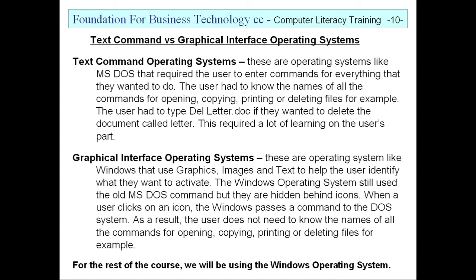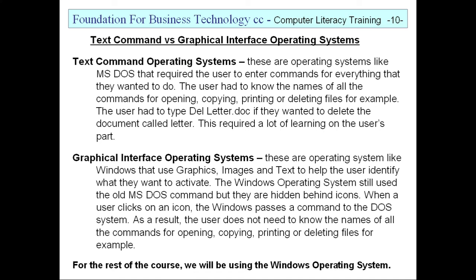The Windows operating system still uses the old MS-DOS commands, but they are hidden behind the icons. When a user clicks on an icon, the Windows passes a command to the DOS system. As a result, the user does not need to know the names of all the commands for opening, copying, printing, or deleting files, for example.